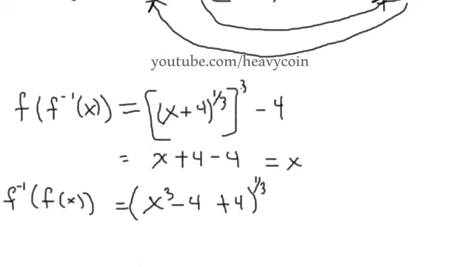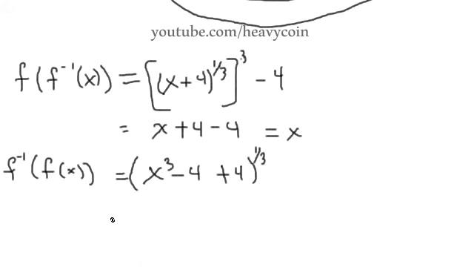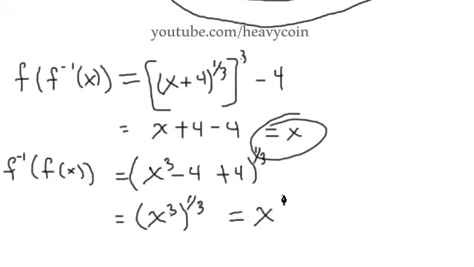And then we want to simplify that all down, so this is negative 4 plus 4, that's going to cancel out to 0, and of course 3 times 1/3 is 1, so we're left with x. So there you go, they're both equal to x, and therefore they're both inverse functions of each other.